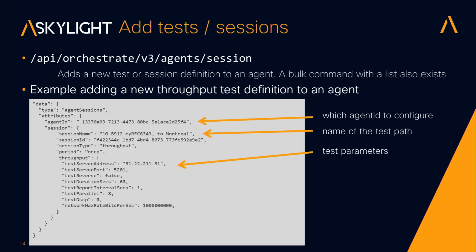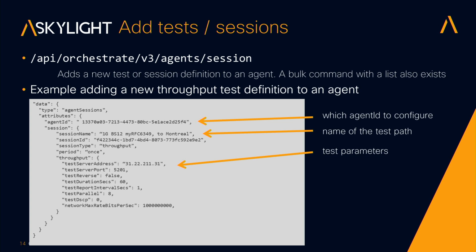I'm going to show that a little bit later, but this example shows just the JSON to do a throughput test. Typically, very few parameters you need to specify. We have a name of the test, a couple of IDs that you can auto-generate or let the system generate for you. Then, of course, the test configuration, where to test to, which port, how long to test, etc.